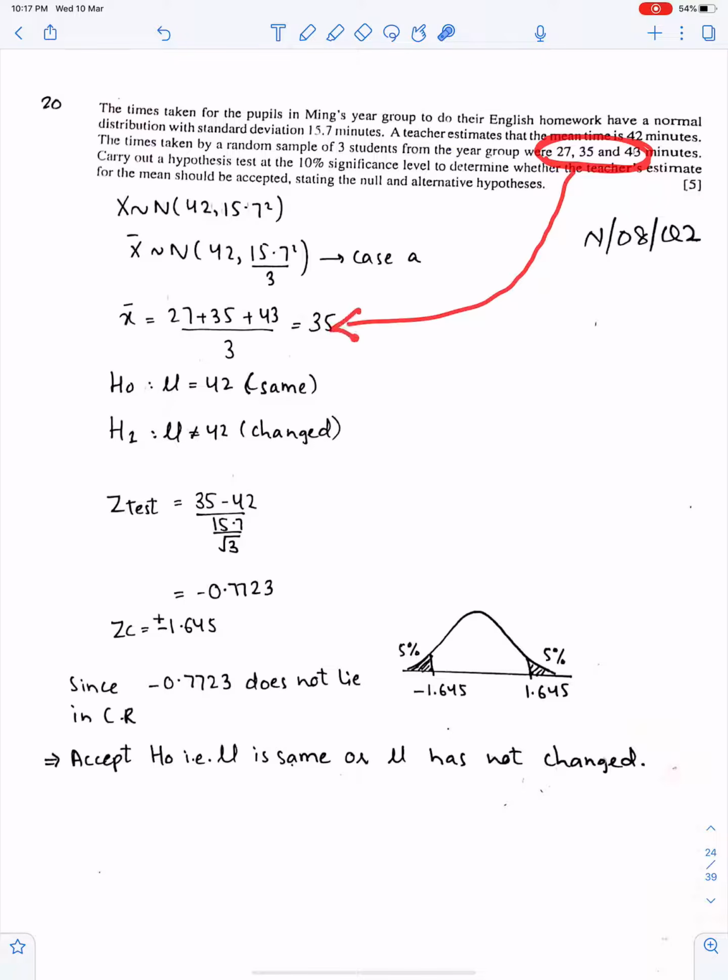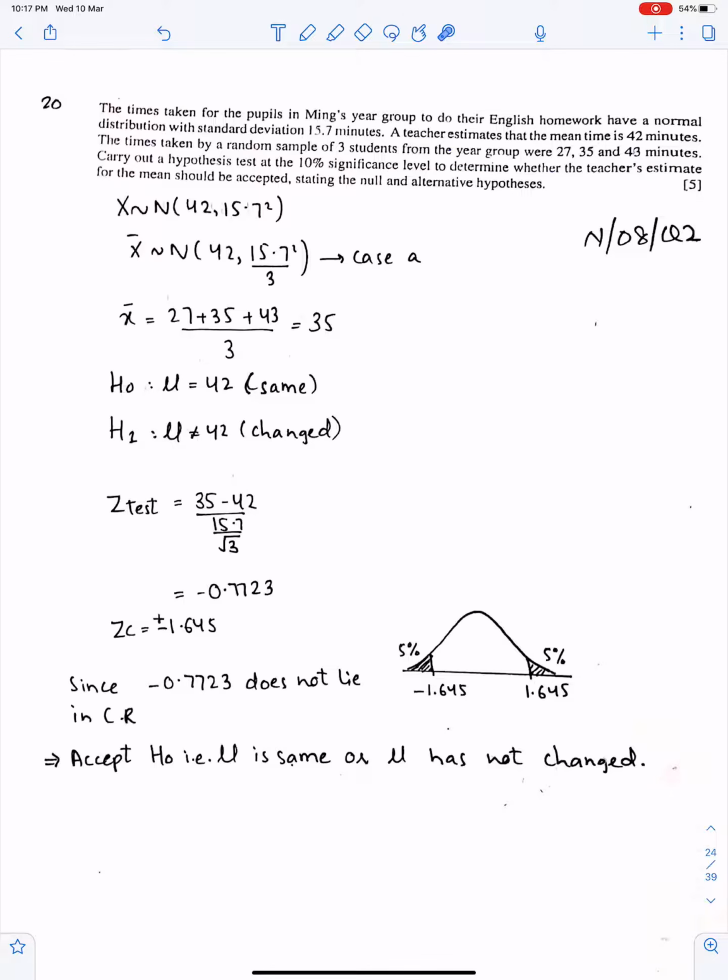This is the sample of size 3. Carry out the hypothesis test at 10%: should the teacher's estimate for the mean be accepted?